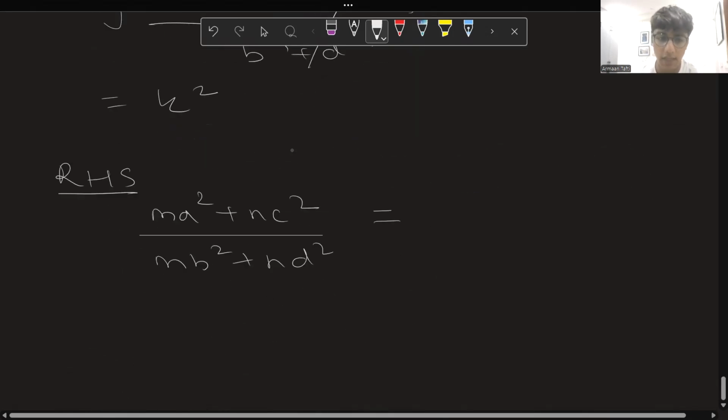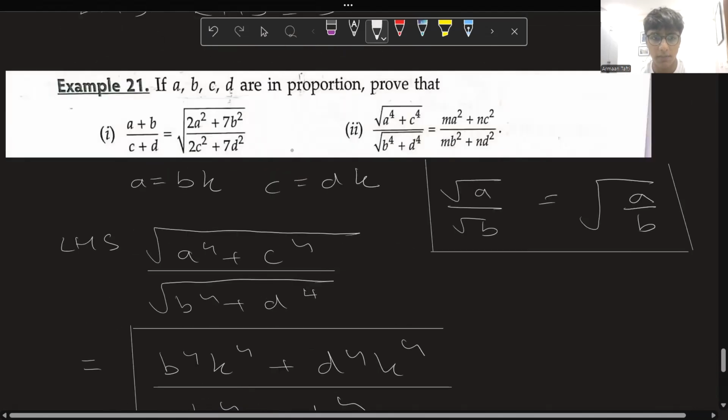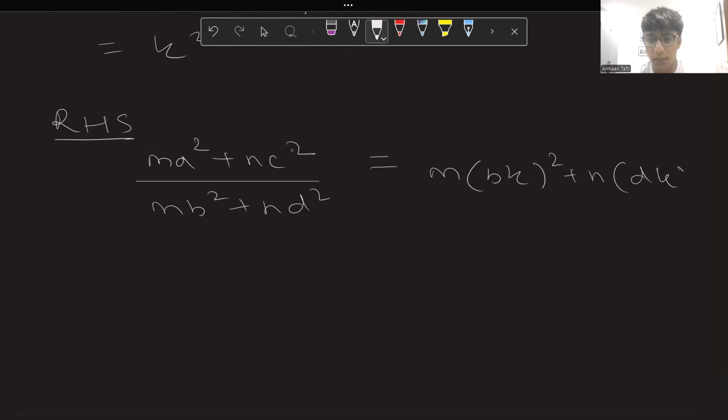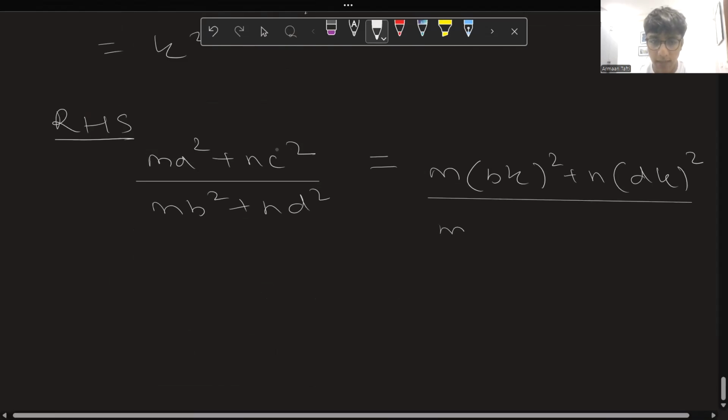Our A is equal to BK, right? Yeah, A is equal to BK. So M times BK squared plus N times DK squared, because that's what C is equal to, divided by M times B square plus N times D square.